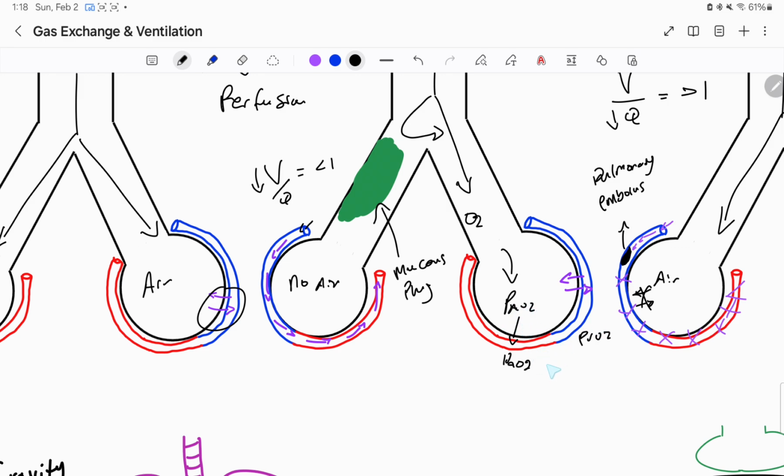You guys remember that from the last video. If you don't, go back and watch that. Now, normally, if we don't have this, what's going to happen here? What do you think is going to happen? In this scenario, we can actually lead to a low partial pressure of arteriolar oxygen, and that is not good. That is not what you want.